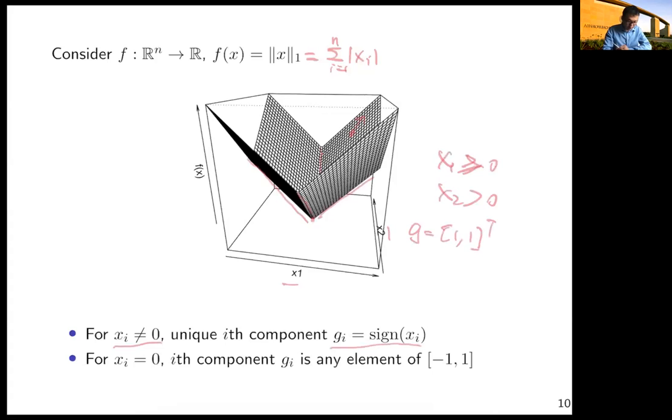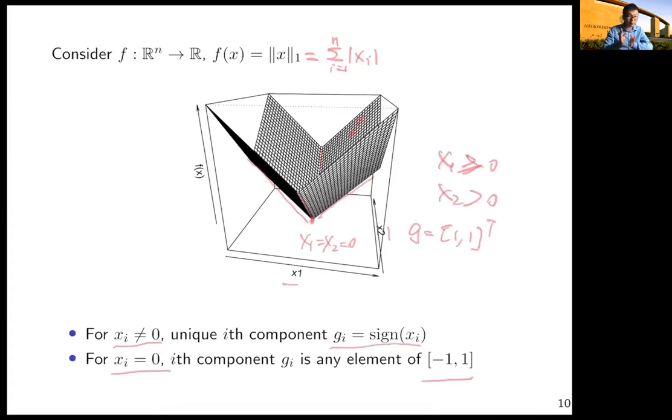For any coordinate where xi is equal to 0, for instance if you are here, where both x1 and x2 are 0, then the corresponding subgradient coordinate is any element in -1 to 1. We will have a more analytical and algebraic illustration of this absolute value function in the slides to come once we talk about subgradient calculus.